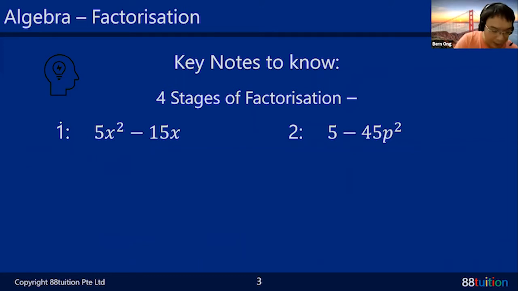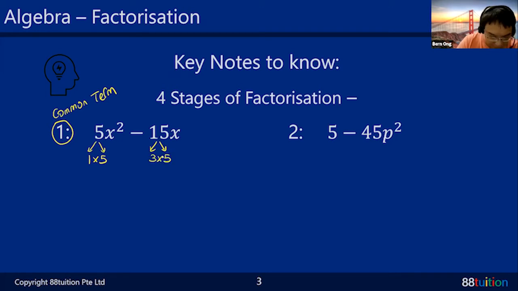Number 1, common term. For Sec 1, for common term, you have to list out the factors. For example, what makes 5? What are the factors of 5? 5 is 1 times 5. And 15 can also be represented as 3 times 5.